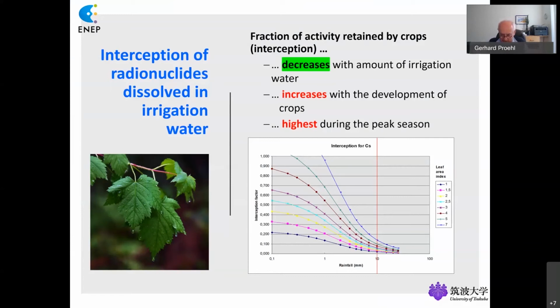So the fraction which is retained is relatively small, even for very well developed plant canopies. The blue curve indicates a leaf area index of 7, which represents a very well developed canopy.